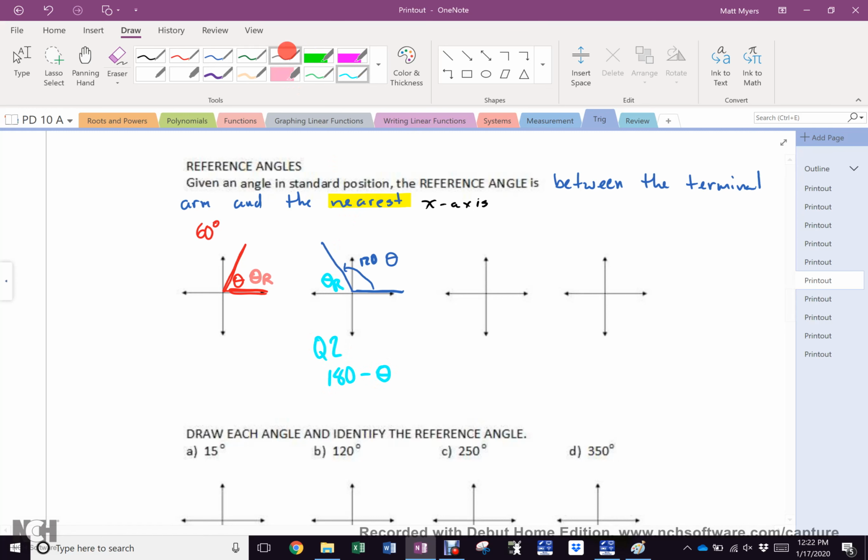Why? Well, theta starts here. If it went all the way to there, it would be 180, but we only went 120. Everybody cool? Everybody's good?